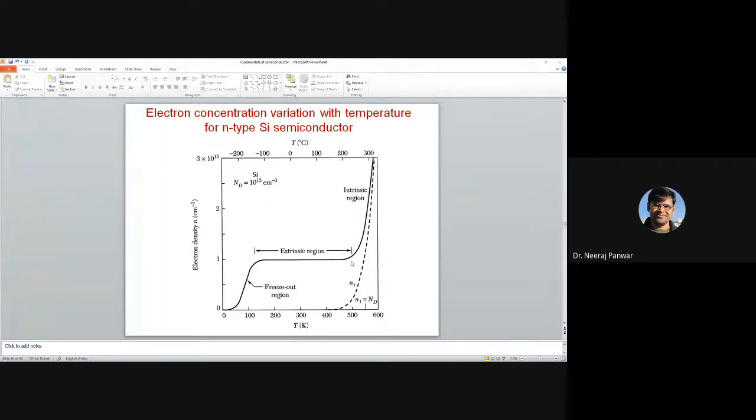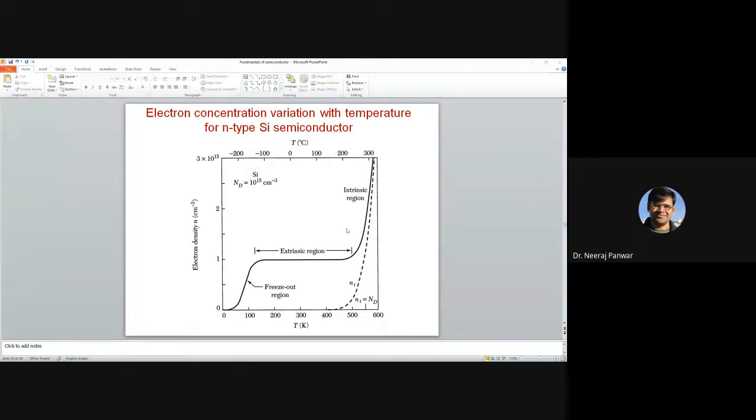Now, when the temperature is sufficiently high, around 450 Kelvin, the thermal energy is sufficient to break a silicon-silicon covalent bond. This means the electron can now jump from the valence band to the conduction band, and as the temperature increases, more and more covalent bonds break, so the electron concentration in the conduction band again starts increasing.